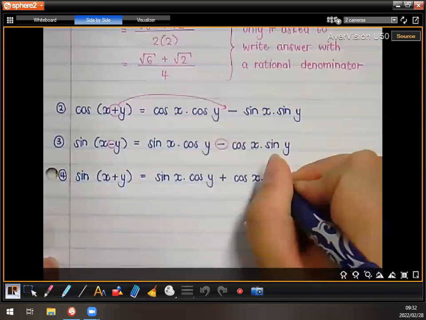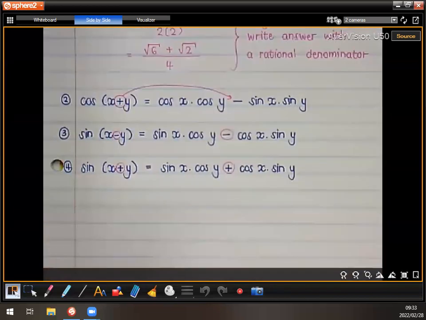Same thing for the plus. So if we have sine of x plus y, we're going to have sine x times cos y, sine of the first angle times cos of the second angle, plus cos of the first angle times sine of the second.